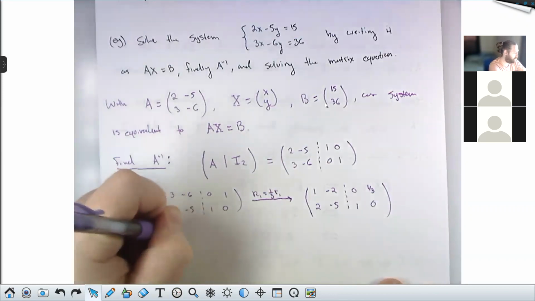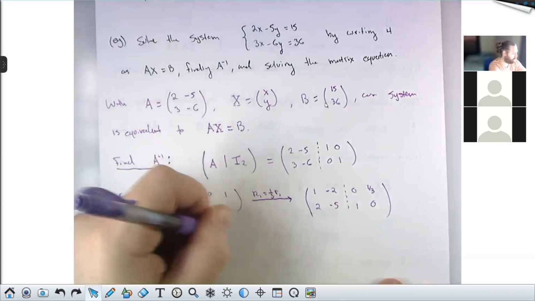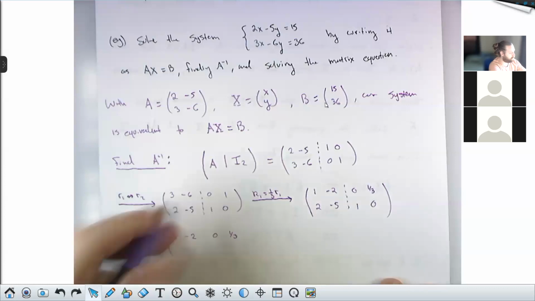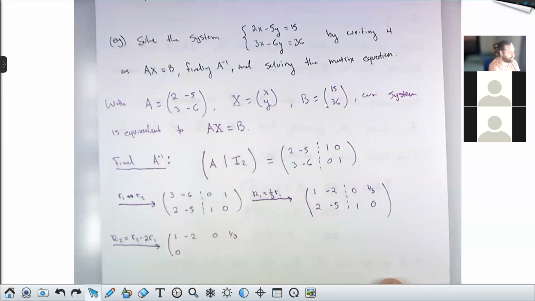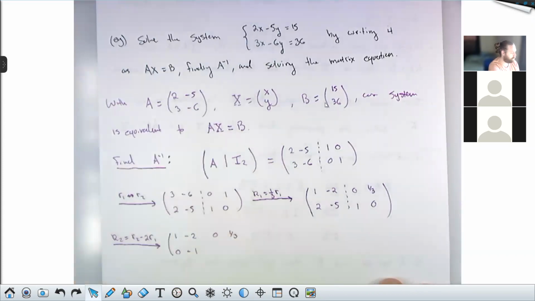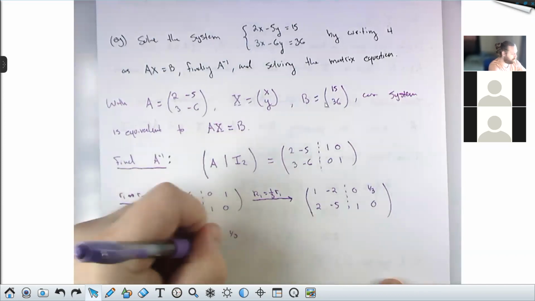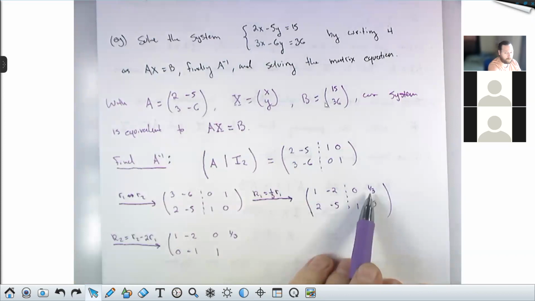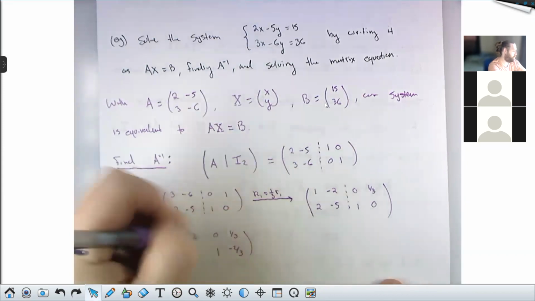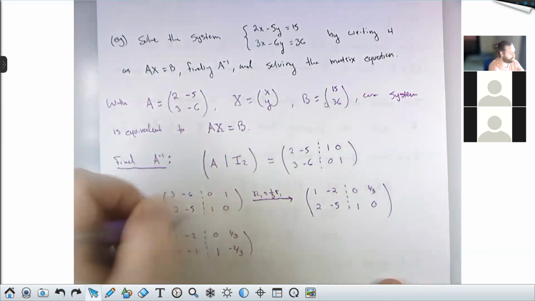Row 1 doesn't change. -2 times this plus this is 0. -2 times this is +4 plus this is -1. -2 times this is still 0 plus 1 is 1. -2 times 1/3 is -2/3. We're adding that to 0, so -2/3 is what goes there.